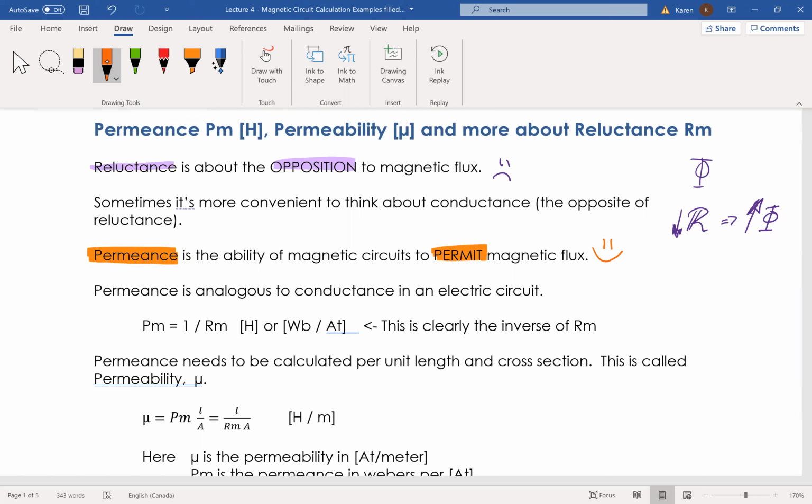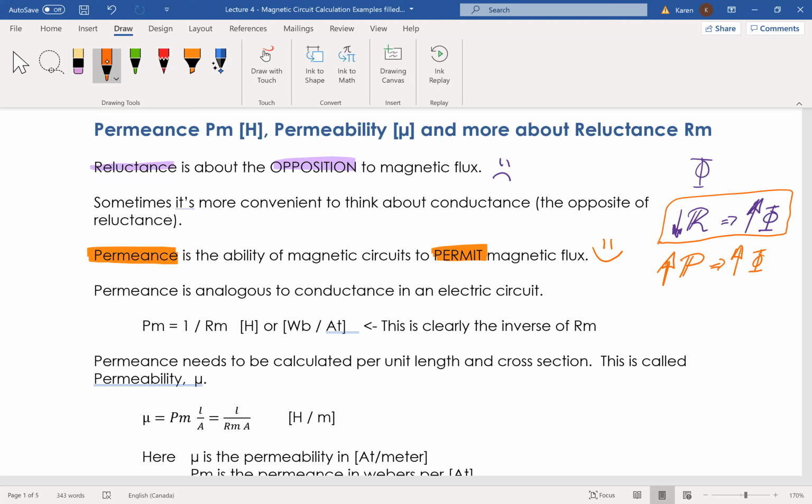So for permeance, the higher the permeance, the more magnetic flux. Reluctance is how reluctant you are. So if it's higher reluctance, you'd have less magnetic flux.